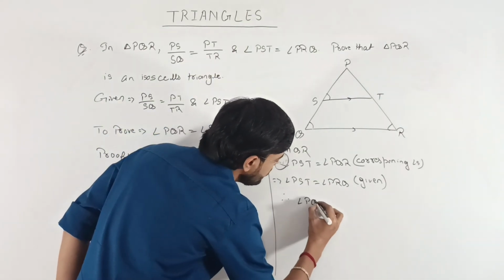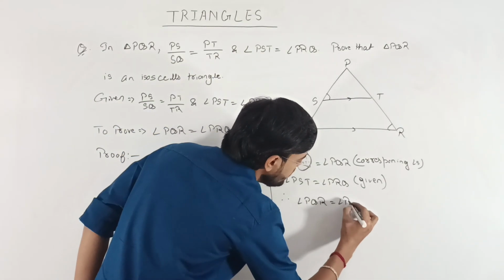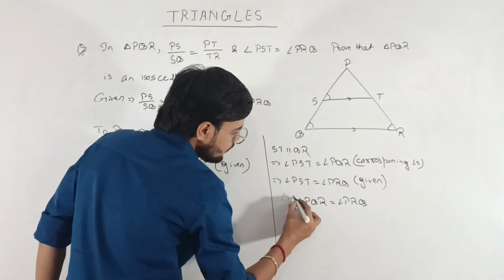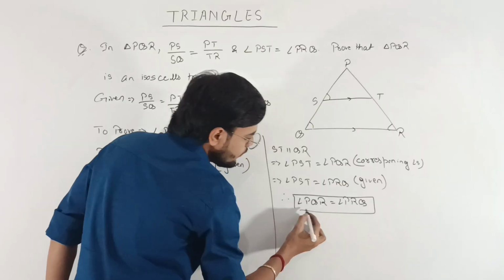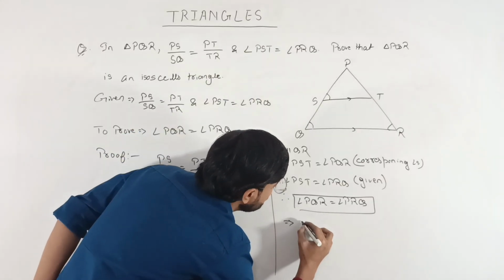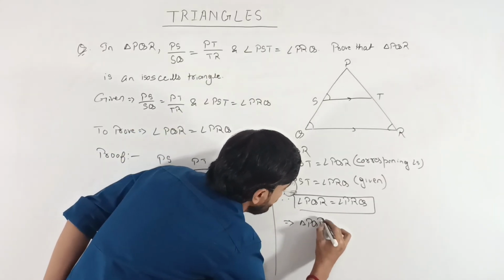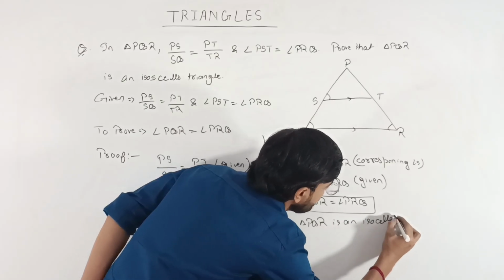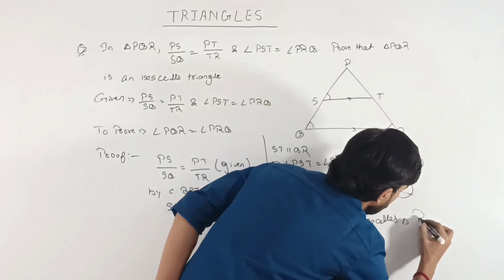Therefore, angle PQR is equal to angle PRQ. We have to prove this. Now, when these two angles are equal, then triangle PQR is an isosceles triangle.